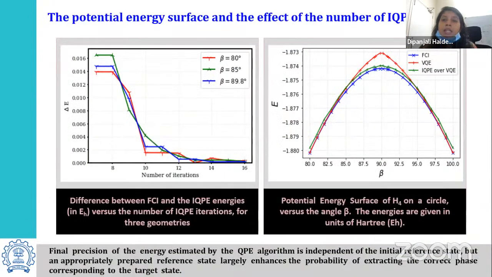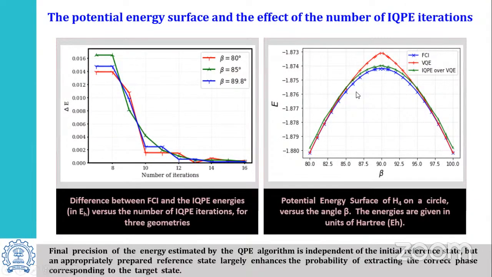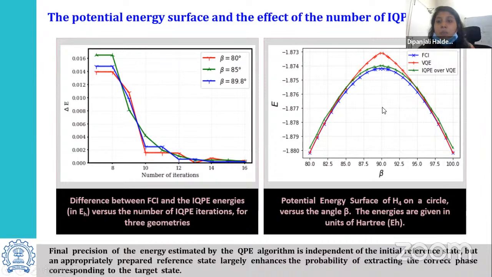And now with such a multi-determinantal semi-optimized state, we have performed a phase estimation calculation, and we have drawn the potential energy surface with our scheme. And what we can see is that the IQPE over VQE curve and the FCI curve are parallel throughout the potential energy surface.